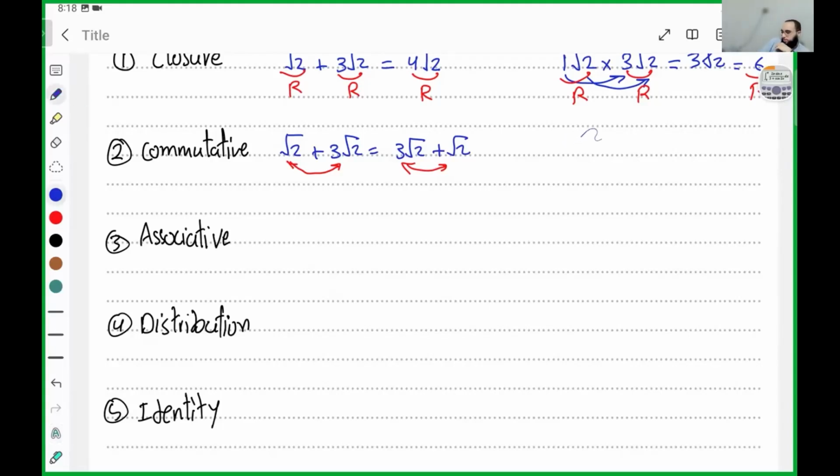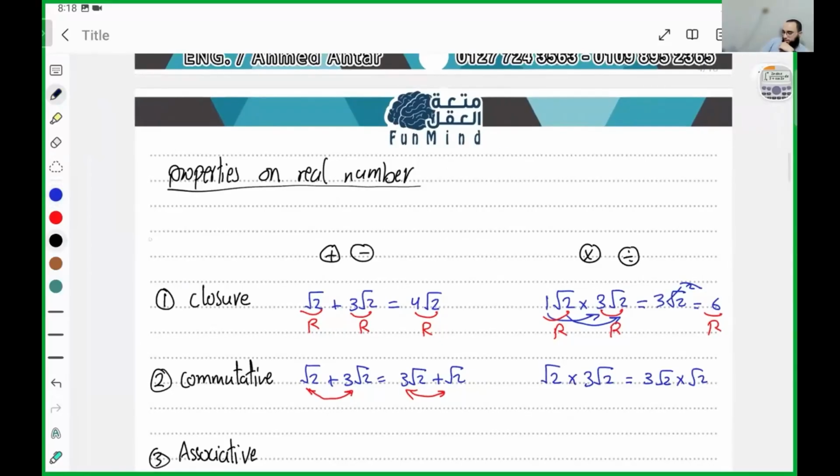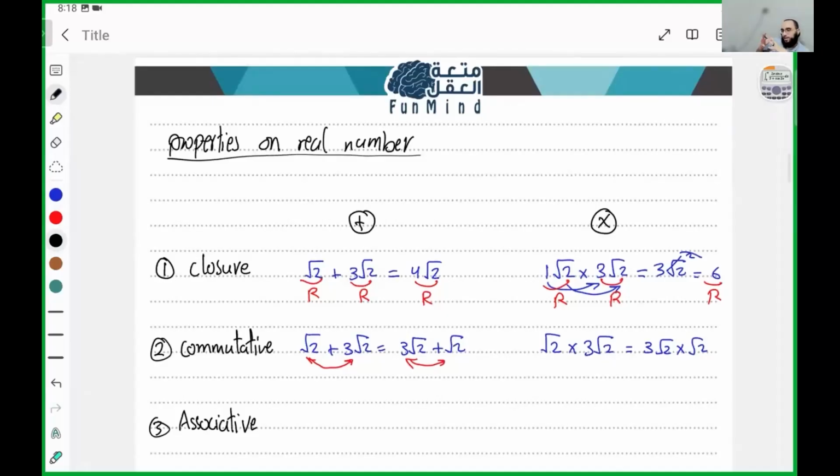Clear. Also with multiplication, √2 times 3√2 equals 3√2 times √2. Yes, both are equal. Let's write here only the addition and here only the multiplication, because subtraction and division are a bit different. If you flip the numerator with the denominator in division, does it give you the same answer?